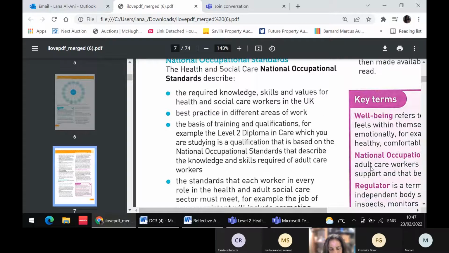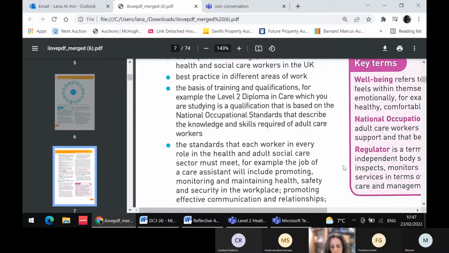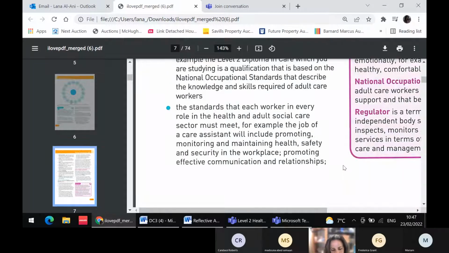Basic training for anyone who works in care should be at least a level 2 diploma in health and social care. They also discuss the standards that each worker should follow to provide excellent healthcare.